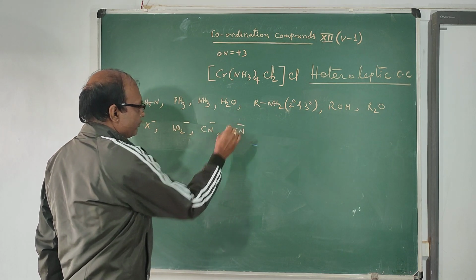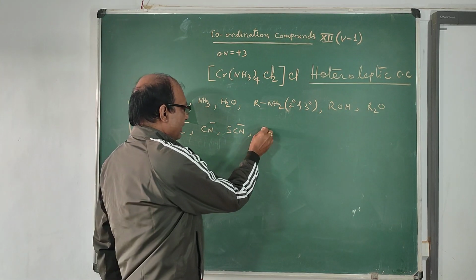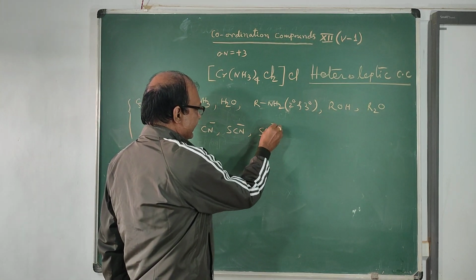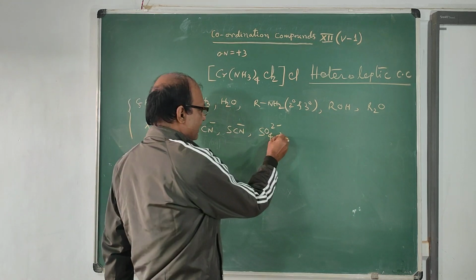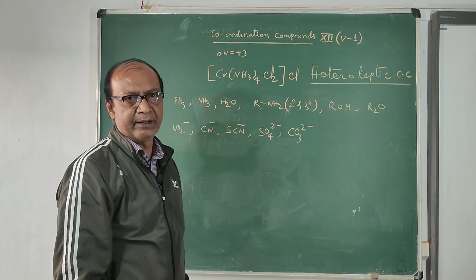Cl minus, unidentate. These are anionic ligands. And sulfate, though it carries two negative charges, carbonate carries two negative charges, but they are unidentate.